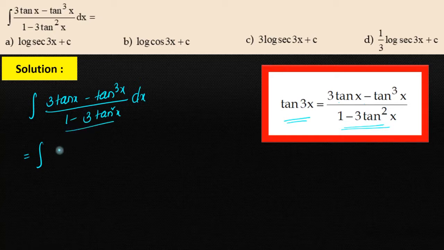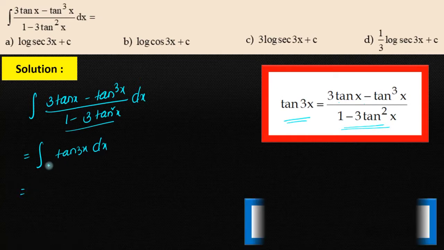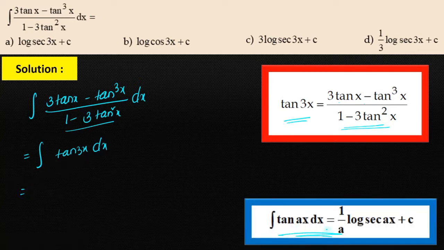So here tan 3x dx is equals to, we know that integration of tan ax is 1 by a into log of secant ax, that is 1 by 3 into log of secant 3x plus c. Therefore, the answer is option D.